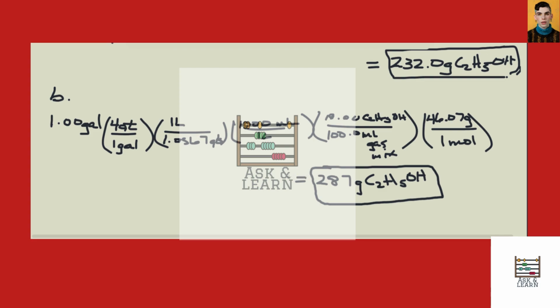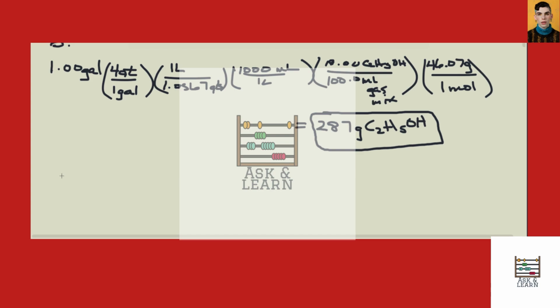And if we wanted to know, though, how much glucose that is going to take, we're going to have to take that particular amount of ethanol and do some stoichiometry on it.